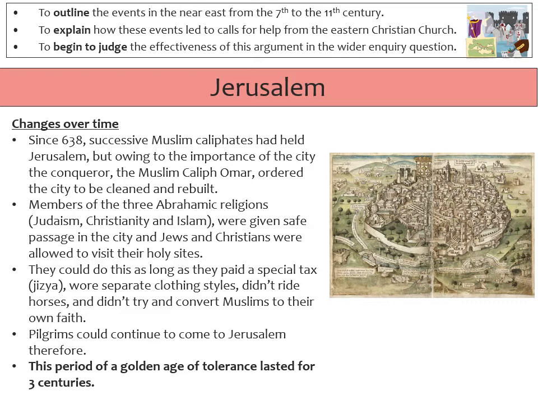They weren't allowed to try and convert Muslims to their own faith, but they were allowed to be in the city, and that actually meant that, from about the 7th century up until probably the latter half of the 10th century, the Muslims were the minority in Jerusalem, and as a consequence, lots of the cultures became quite Christianized, if that's a word, within Jerusalem itself. Pilgrims could continue to come to Jerusalem, and really we have a golden age of tolerance that lasted for 3 centuries.